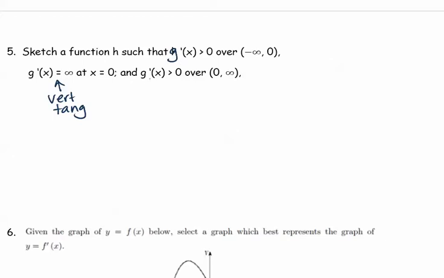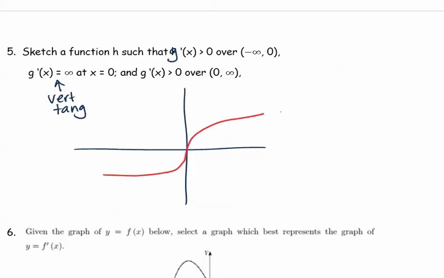And then we want it to have derivatives that are positive again. So we want it to be rising, vertical, rising. So that sounds like a typical example that we know is our cube root function. So if g of x were the cube root of x, it is rising, and then it has a vertical tangent, and then it's rising again. So that would be one example there.